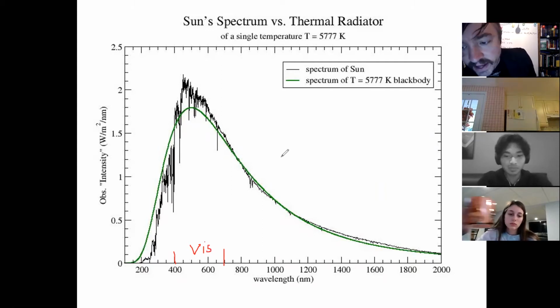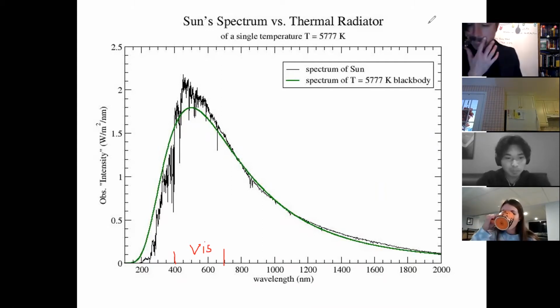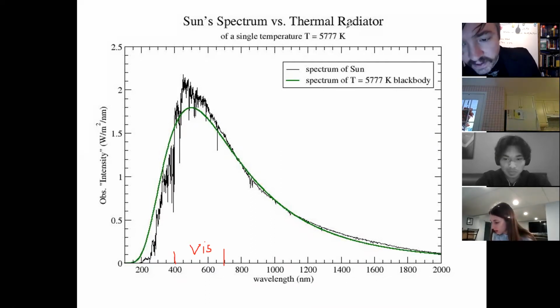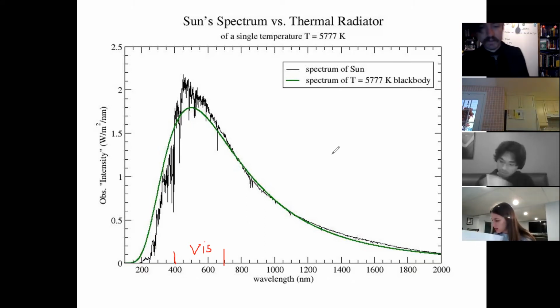Where are the X-rays, students? What are the range of wavelengths for X-rays? Hot shots? Oh, someone knows? Well, then look it up. Didn't I give you some notes about this?